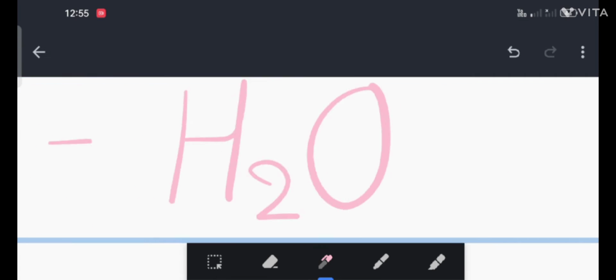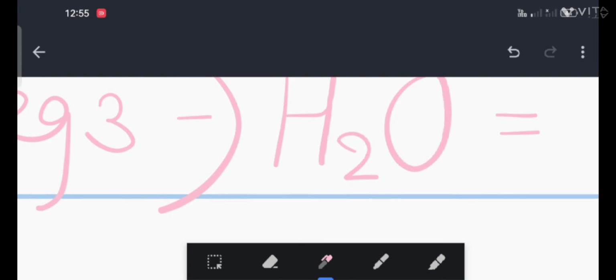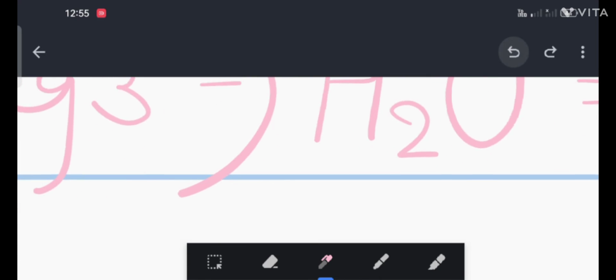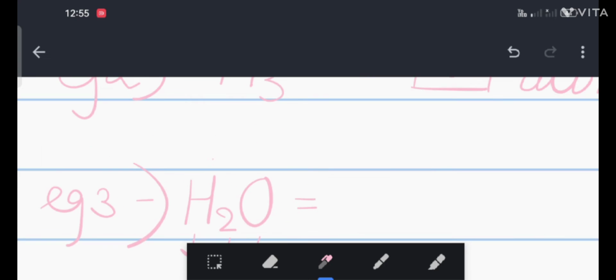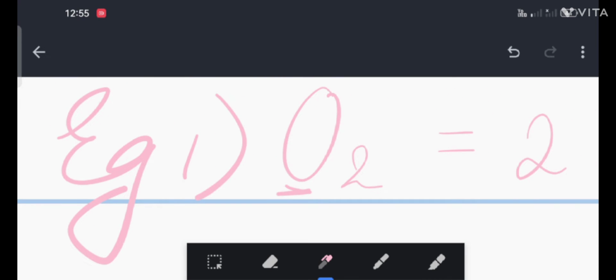Now let's take a look at our third example. H2O. This looks confusing, but it's not. There are 3 things in this molecule. There is this letter, and there is this number. In the first 2 examples there was only one symbol or one element, so the number belonged to it only.